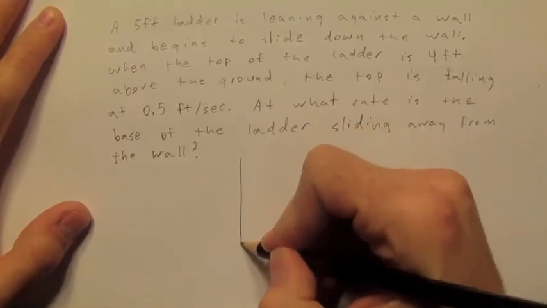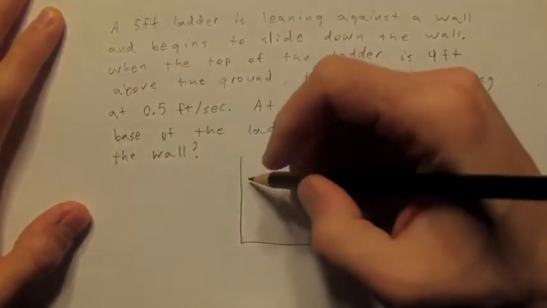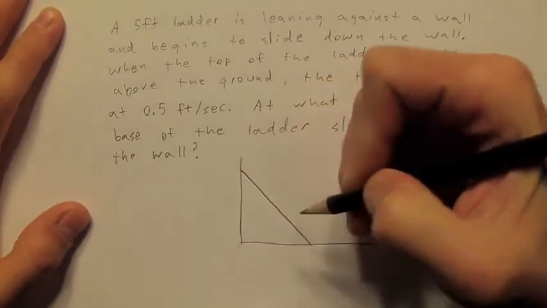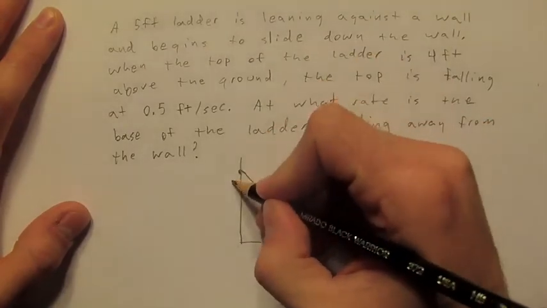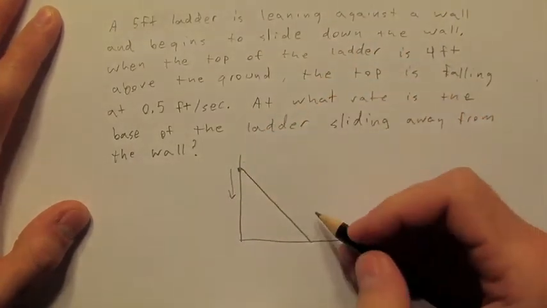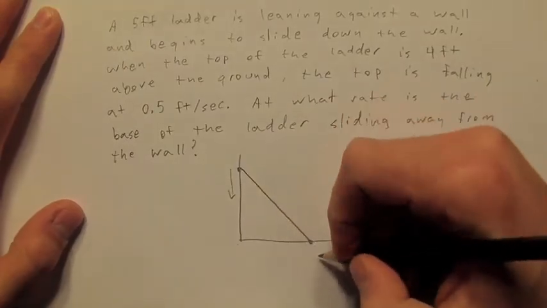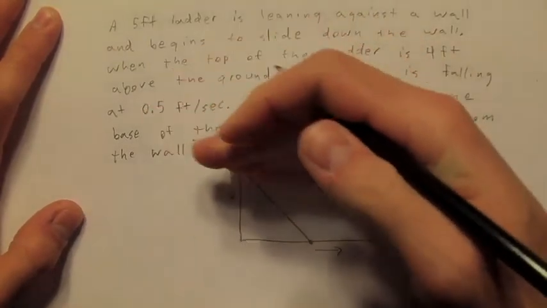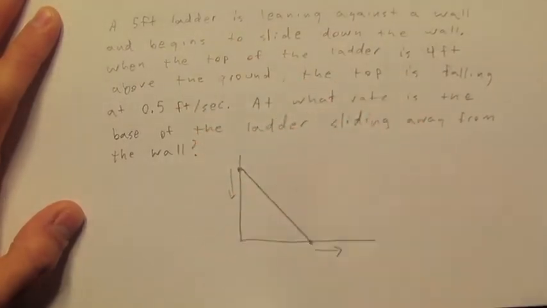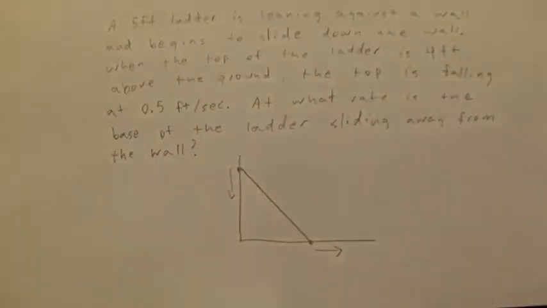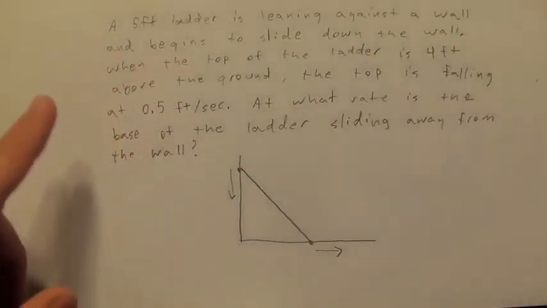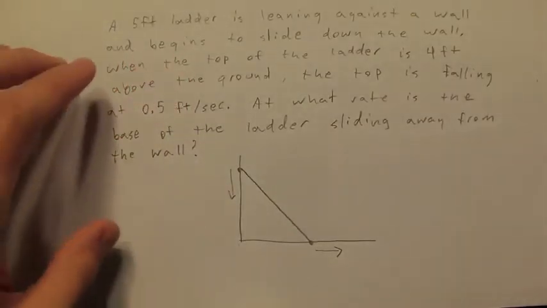So for example, if I was going to draw a picture, here's my ladder leaning against the wall, and the top of the ladder begins to slide down, and as that happens, what happens to the base? Well, it has to slide back, and eventually it will hit the ground. So here's the basic situation.